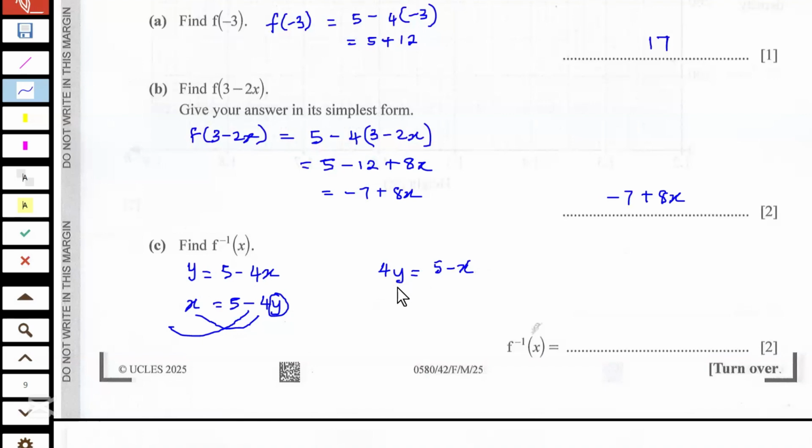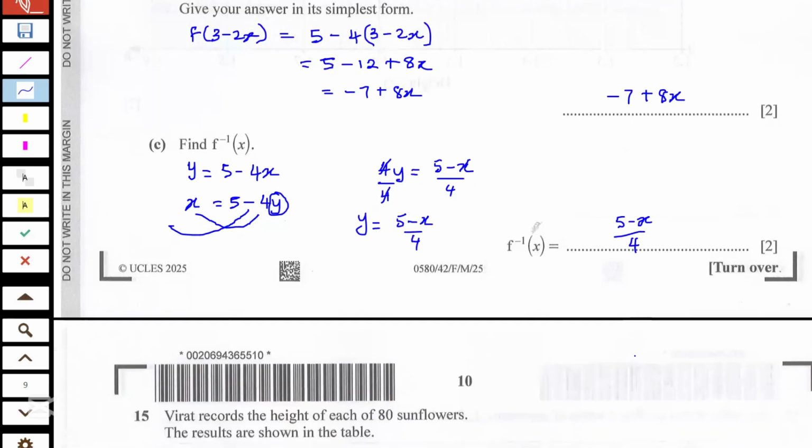Making y the subject means we have to divide both sides by 4, and you can cancel out the 4. Then we have y equal to 5 minus x over 4. So f of x inverse is 5 minus x over 4 as the answer.